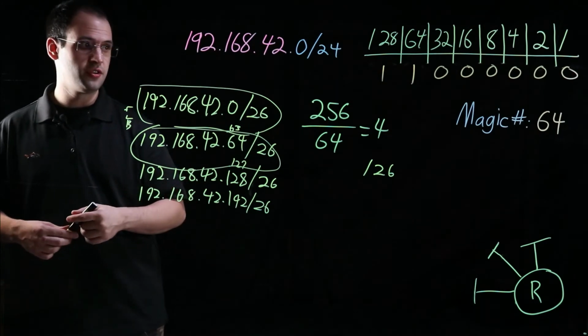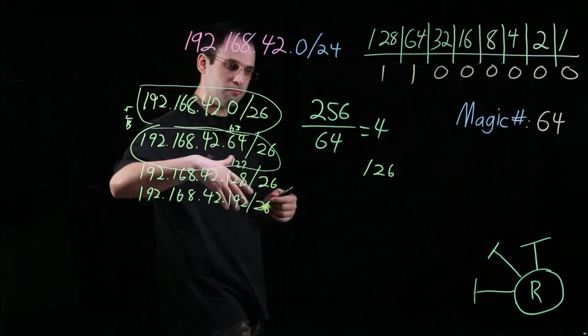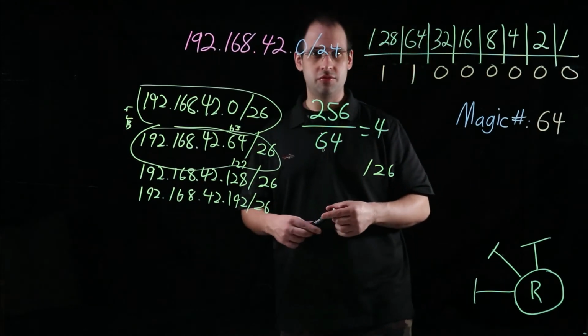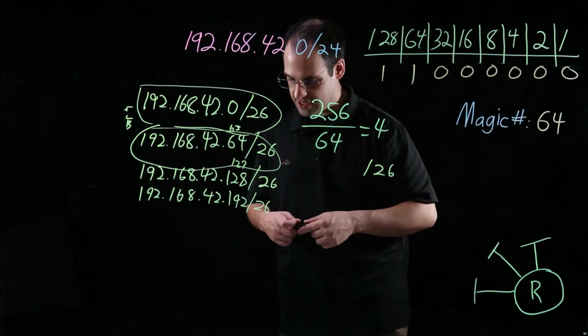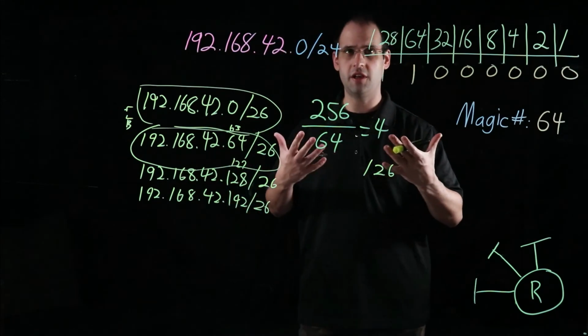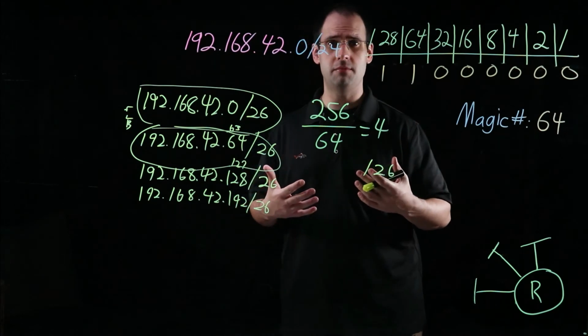Using this magic number really speeds up the subnetting process. So we are going to start taking this magic number and moving into something called VLSM, which is variable length subnet masks.